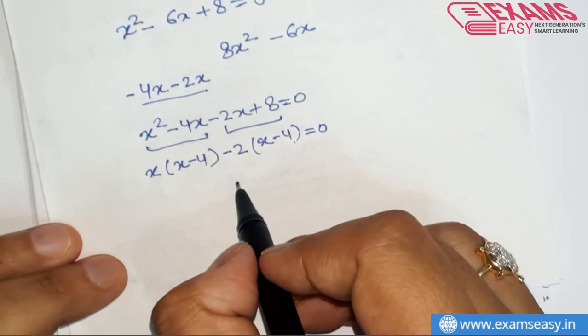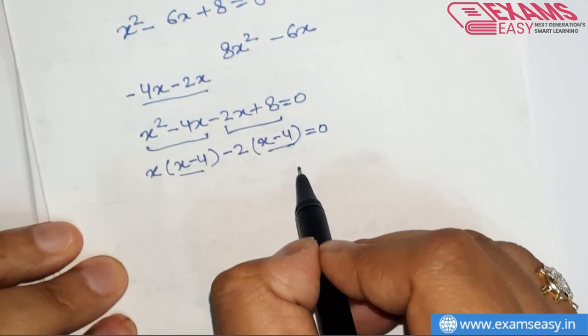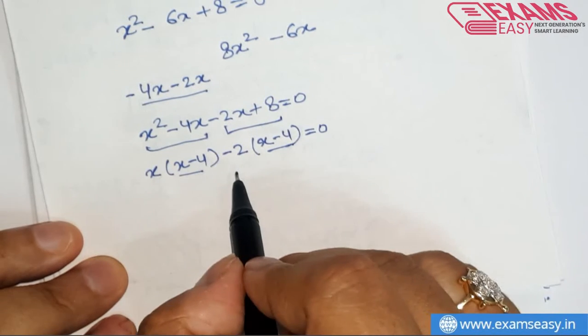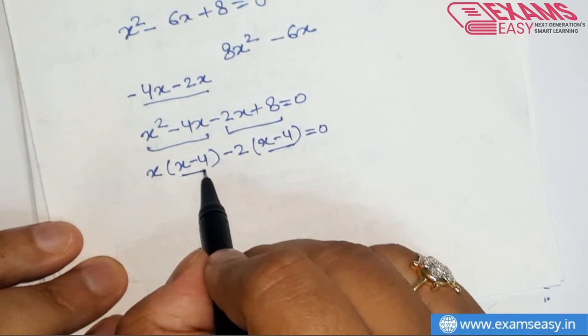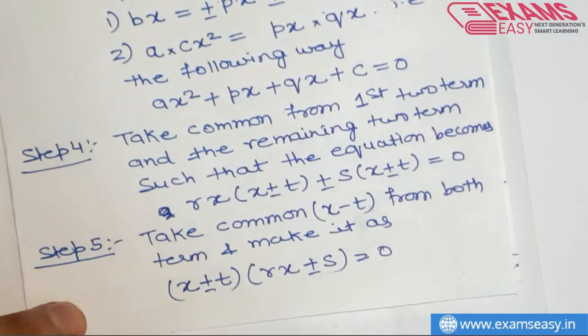Friends, we have to pay attention here that the bracket terms must be the same, otherwise you cannot go to step 5. So you have to choose the common term in such a way that the term within the bracket becomes the same. So this completes our step 4.